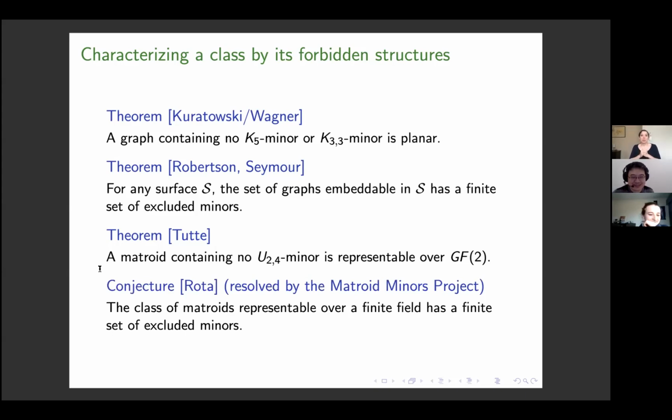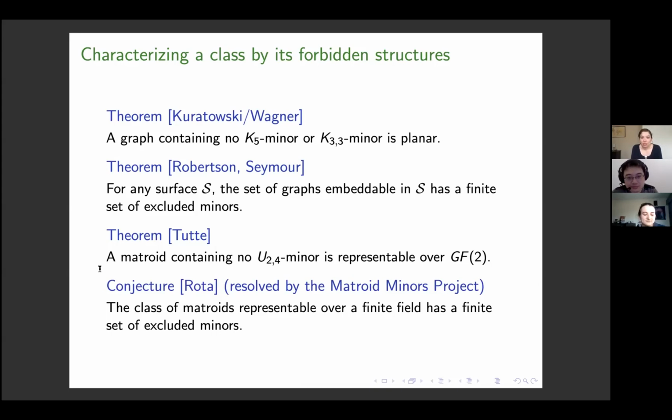All right, so I told you 1 excluded minor result in graphs, and that's just one example of an infinite series of minor characterizations that could exist as soon as we start characterizing all the excluded minors for these other classes. Well, this example by Tutte is one of many possible characterizations that can be done.